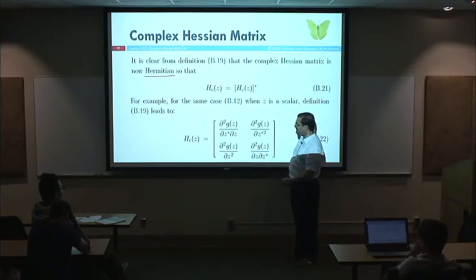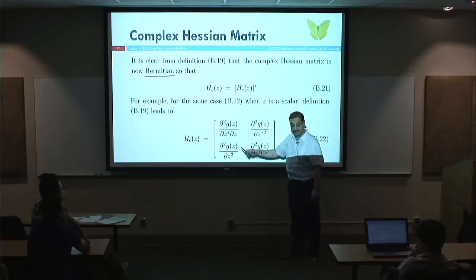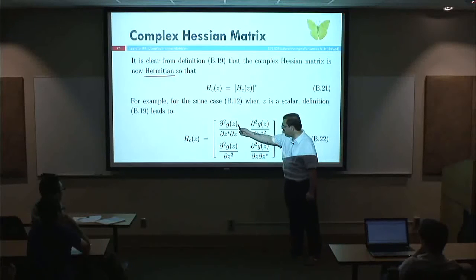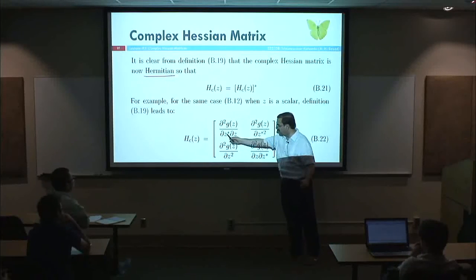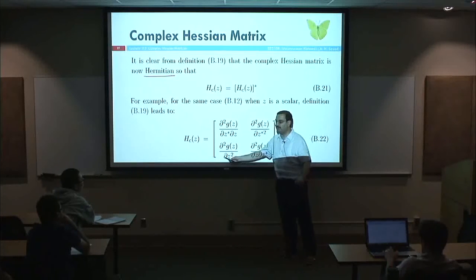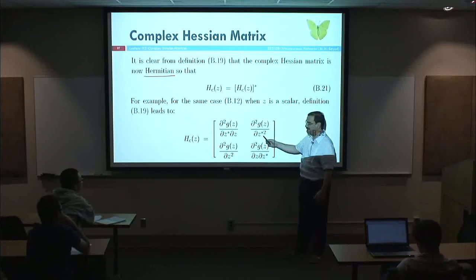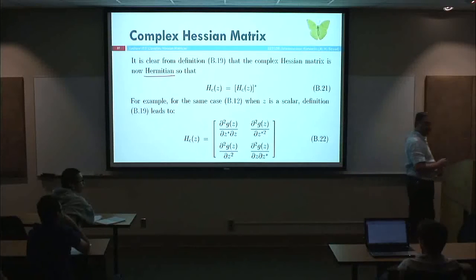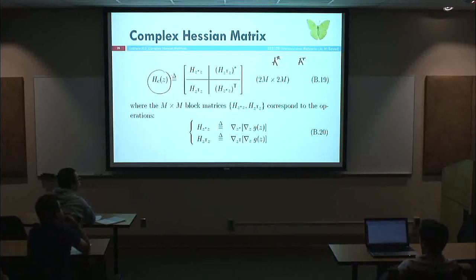Let's say when z is a scalar, it will still be 2 by 2, and you will have the derivatives relative to z, z star, the conjugate of that, z, z transpose. In the scalar case, z transpose is z, right? And then here, the conjugate, z transpose, okay.